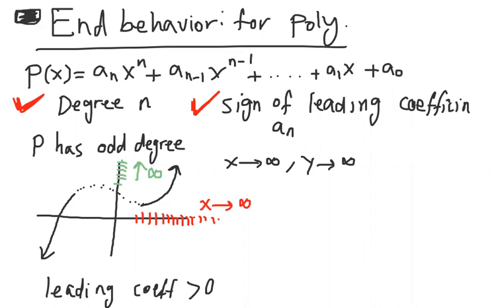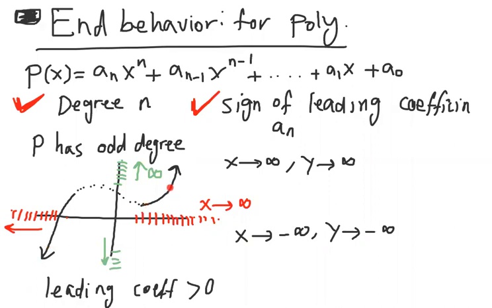So when x goes to infinity, y goes to infinity. And again, when x goes to a small number, x goes to minus infinity, then y goes to minus infinity. Look at the graph, going down, down, down.